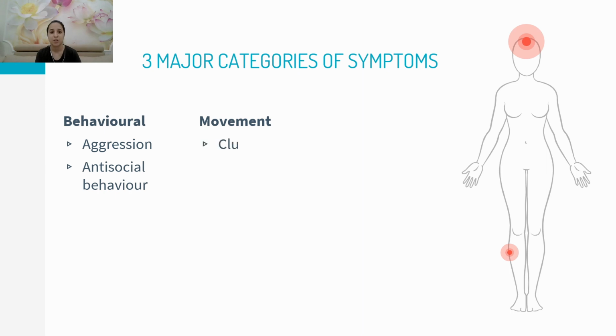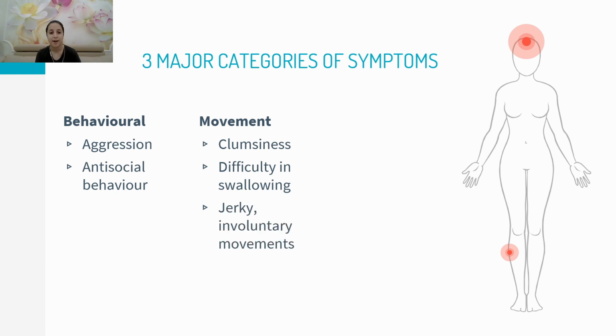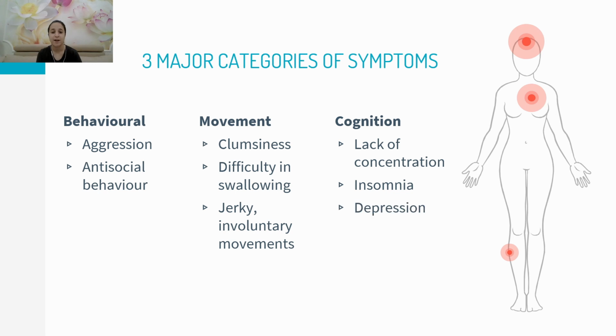You would see the patient exhibiting clumsiness, he or she would have difficulty in swallowing, and they would also exhibit jerky, involuntary movements. And the third category is cognition. Here the person might exhibit lack of concentration, and might experience insomnia and depression. It's important to note that the symptoms might vary for each and every case of HD.